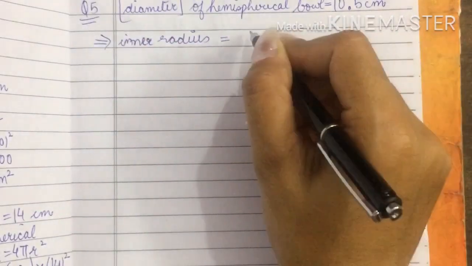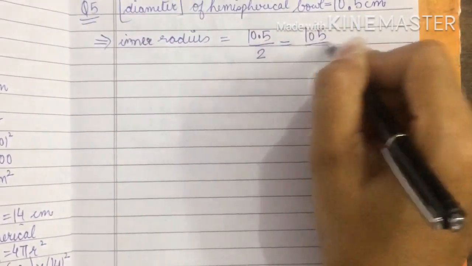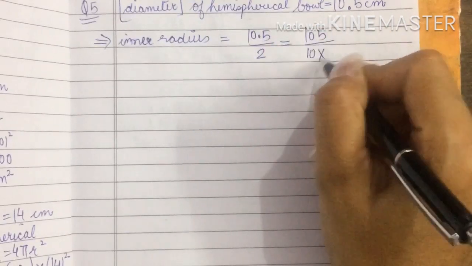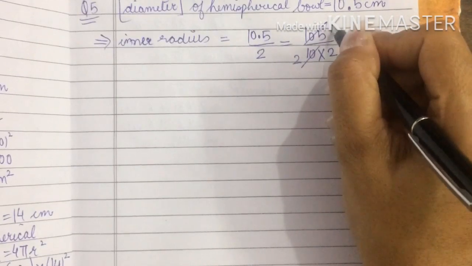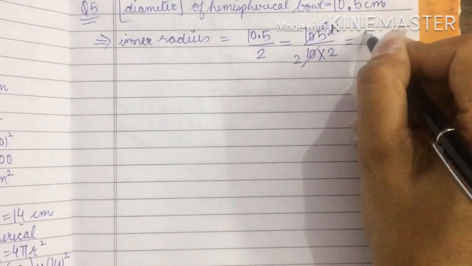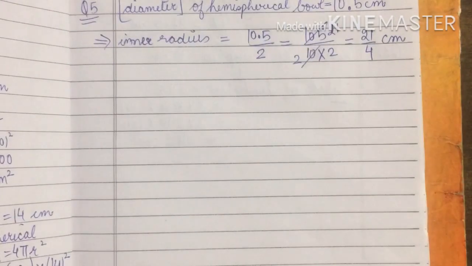So the inner radius will be diameter divided by 2. Simplifying, removing the point, working this out, dividing by 5. So this comes out to be 21 by 4 centimeters.